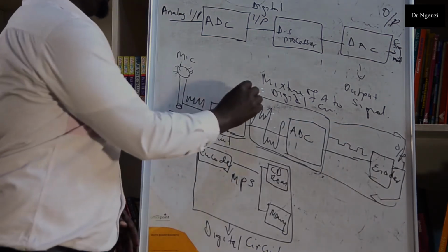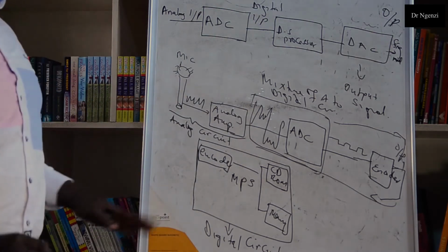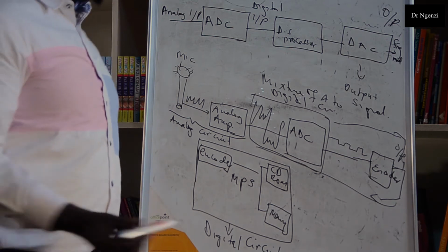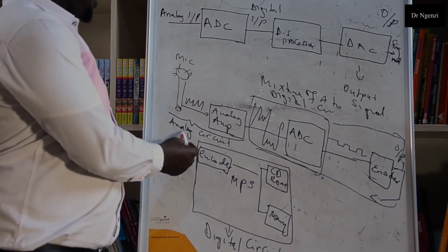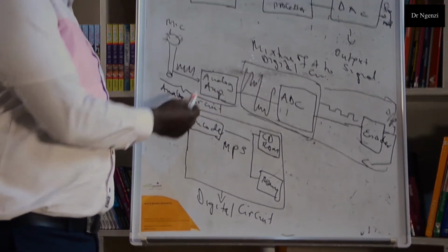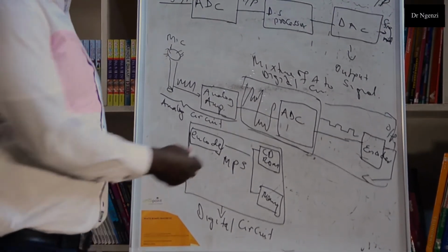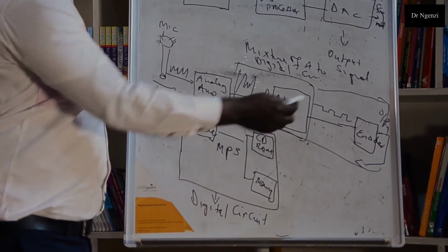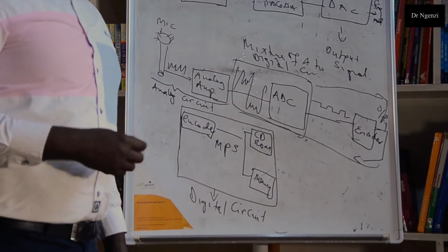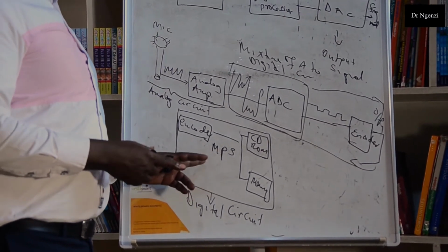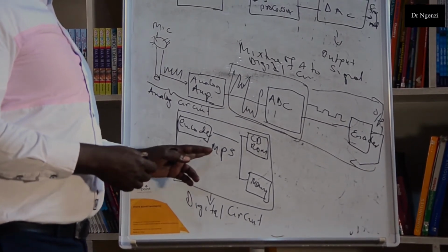So for the first time, it is put in an analog circuit using a mic and the amplifiers, and then it's going to be mixed using the ADC with the encoder, and then it's going to come up with the digital circuit, which comprises MP3, which is going to convert the numbers.